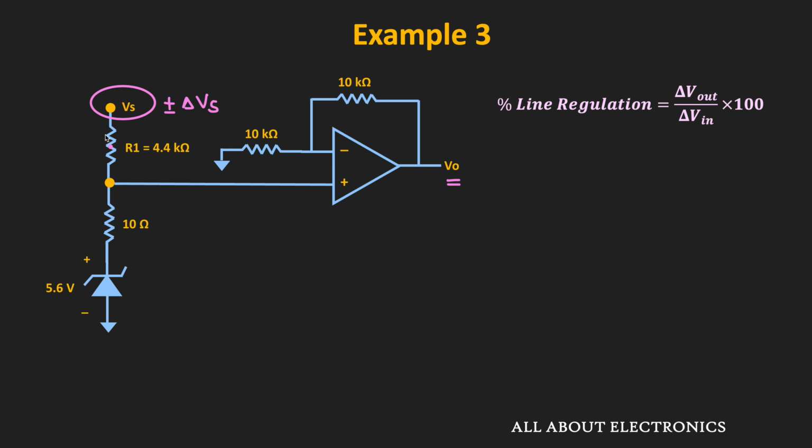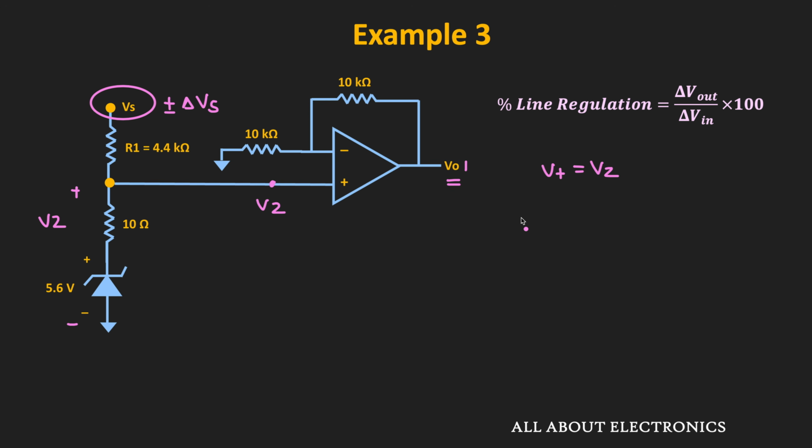When the supply voltage is equal to Vs, let's say that the output voltage is equal to VO1. So here let's say the voltage across the Zener diode is equal to Vz, and the same voltage will appear over here. So we can say that here this V plus is equal to Vz. Now if you observe this op-amp circuit, then here the op-amp is configured in the non-inverting configuration.